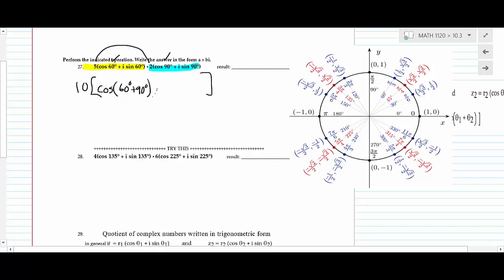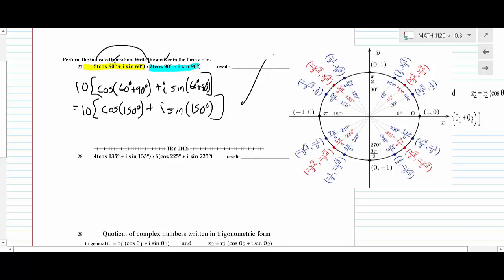Then we say plus i, then we do the sine, and you do the same thing: 60 degrees plus 90 degrees. Then what we have is 10 times cosine 150 plus i sine 150. And really the problem's done. That's all you've got to do.